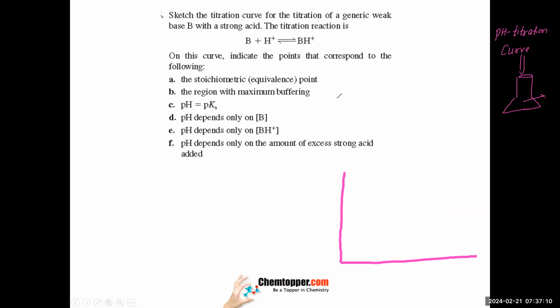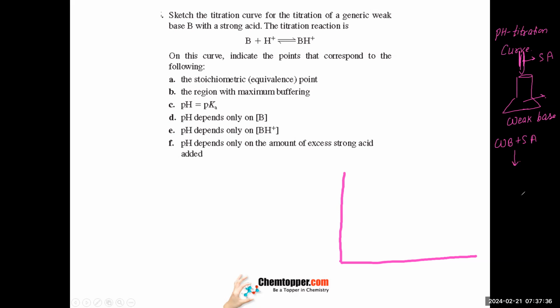Yes, what is there in the conical flask? The weak base. Read the question. Weak base. And what is here in the burette? In this burette, what is here? A strong acid. Do you remember a weak base with strong acid is going to give you what type of salt?